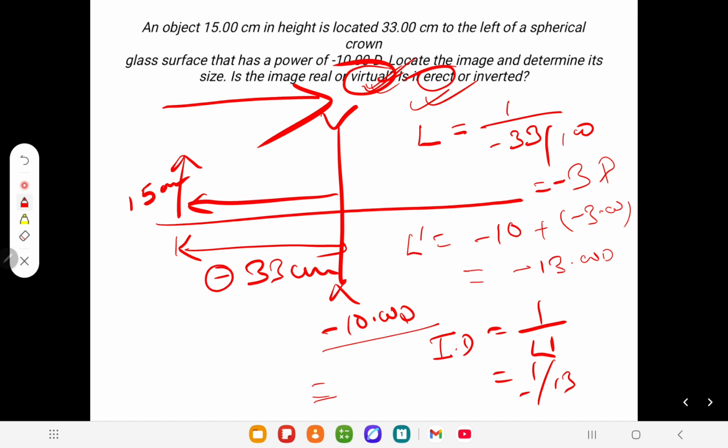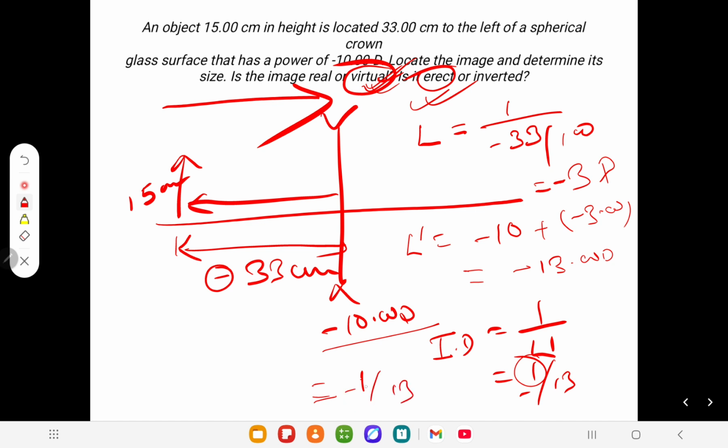I have to see the calculations, but if it is in air, then 1 divided by 13 is something like 7 point something. Let's complete here.